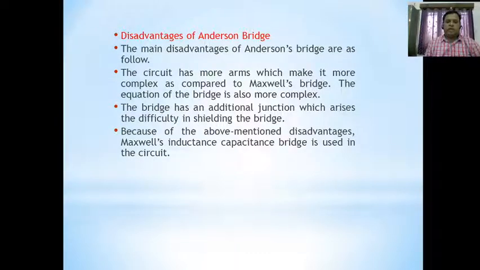So students, we have seen here about the Anderson's bridge and Maxwell's inductance capacitance bridge, and how the bridges can be solved. First we have to write the balance condition of the bridge, and then, depending upon the bridge configuration, we have to change the methodology used to solve the equations.